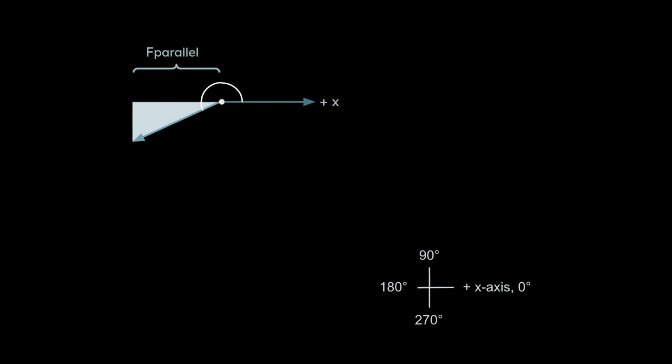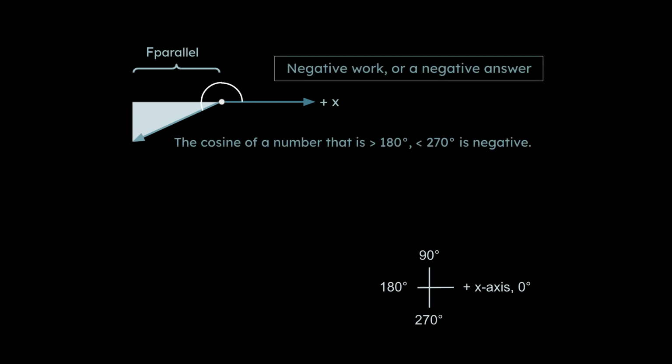Are we going to end up with positive work or negative work being done? In this case you can see that we're going to have negative work being done. The component of this force that is in the same line as the second vector is in the opposite direction. Because of that, it's going to be a negative vector graphically, but also in terms of the math if you plug in a number between 180 and 270.